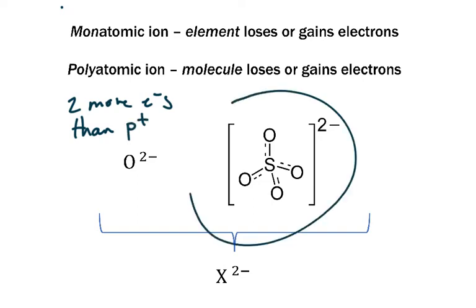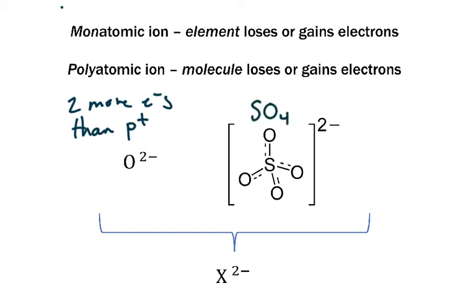And on the right is something called sulfate. It is SO4, right? So we see how there's an S and 4 oxygens. But the whole molecule itself has 2 extra electrons distributed around the molecule, right? So the whole molecule has 2 more electrons than total protons.